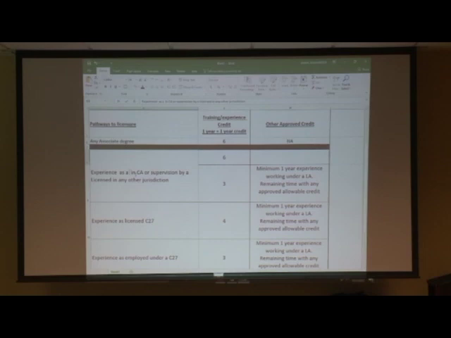I don't know if it really matters if we specify another jurisdiction, it's just experience as or supervision by a licensed landscape architect. Experience as or supervised by a licensed landscape architect, right?